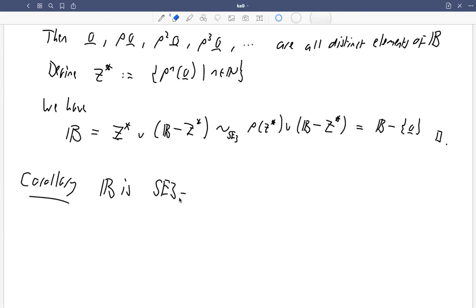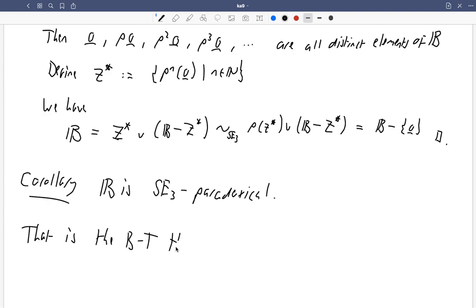Sorry, there should be subscript 3, SE3 paradoxical. That is, the Banach-Tarski theorem holds.